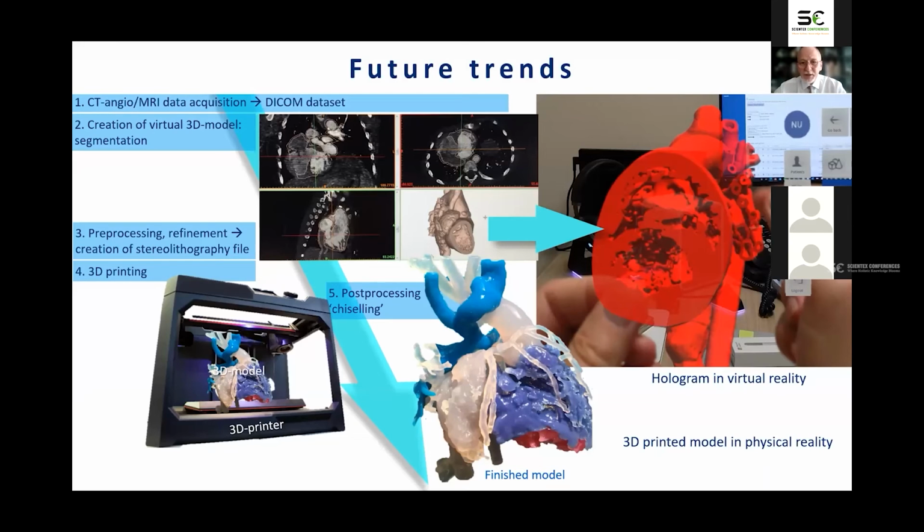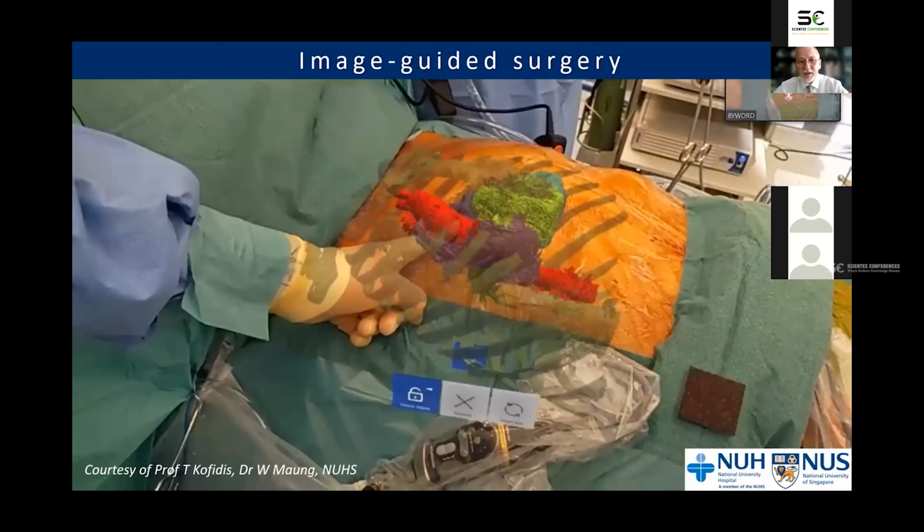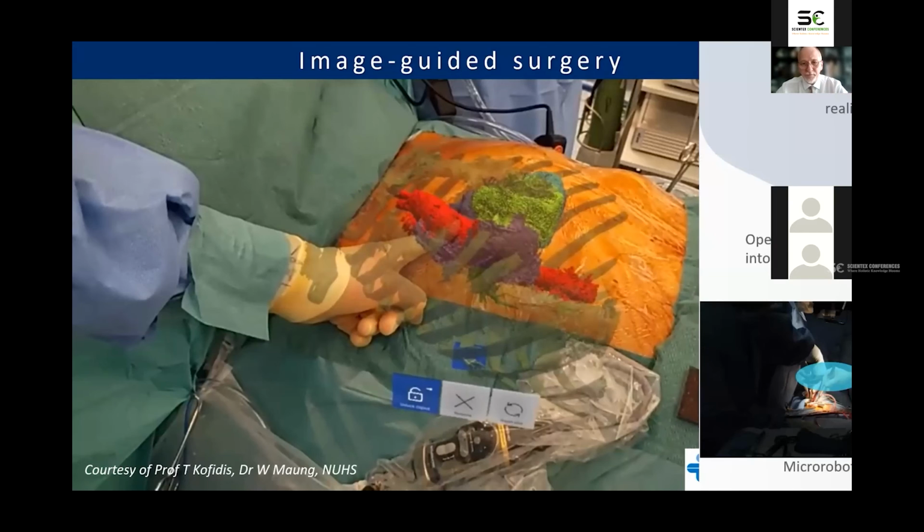I've already mentioned that we can transport these images into virtual reality, like holograms. And those holograms can be projected back to the operative field. For example, in minimally invasive surgery, we can nicely design where the best approach to the heart could be, where the surgeon should make the incision, and which approach we can conduct the surgery from.